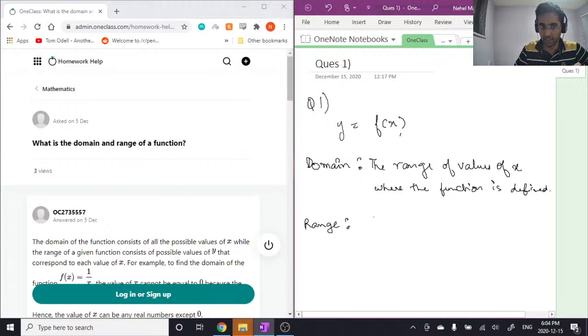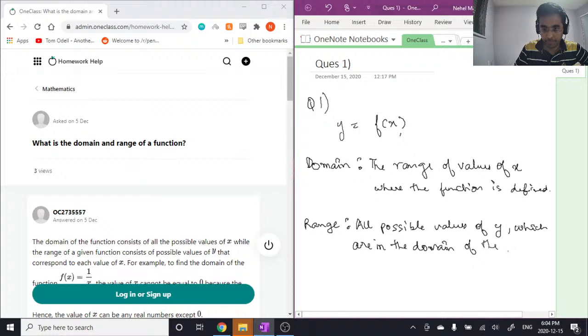So the definition of the range is all possible values of y, which are in the domain of the function.